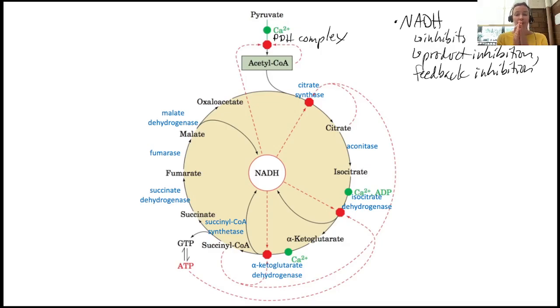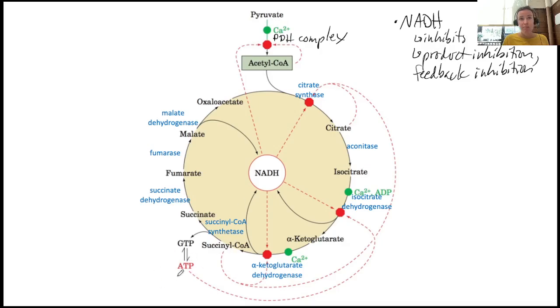Remember, feedback inhibition is when a downstream product comes back to inhibit an enzyme. So NADH is a product of the citric acid cycle, so we'd call it feedback inhibition when it comes back to inhibit. Now, isocitrate dehydrogenase and alpha-ketoglutarate dehydrogenase both have NADH as products, so it would again be considered product inhibition.